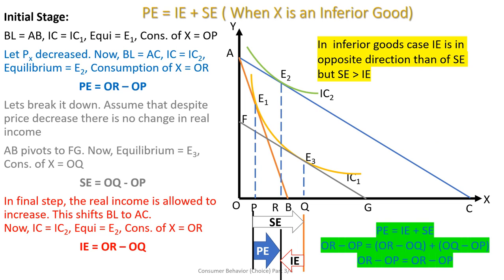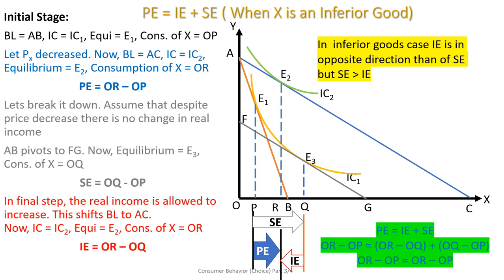The new equilibrium will be at point E2, indifference curve IC2. Therefore, the income effect will be OR minus OQ, in the opposite direction to the substitution effect. Again, putting all these effects in the equation and cancelling, we get OR minus OP equal to OR minus OP.